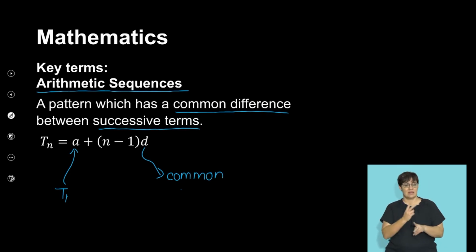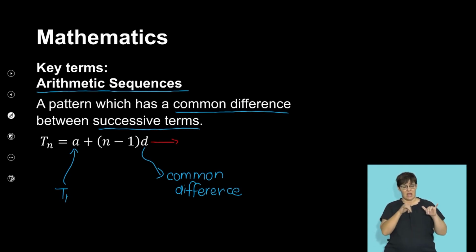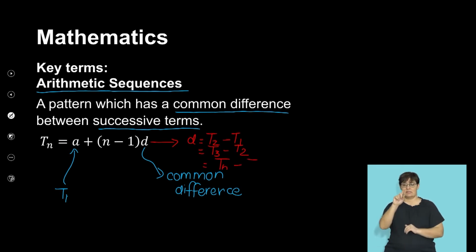So again, this is what makes an arithmetic sequence an arithmetic sequence. Also, if I'm worried about calculating the common difference, it will be equal to term 2 minus term 1, or term 3 minus term 2, but in general, I can say it's equal to Tn minus Tn minus 1. So that is the definition of an arithmetic sequence.